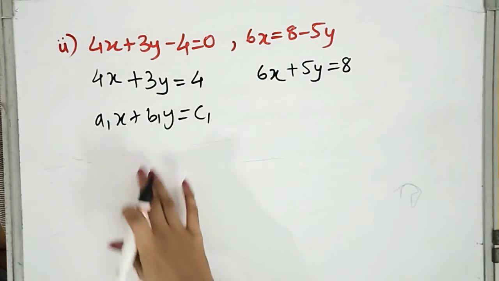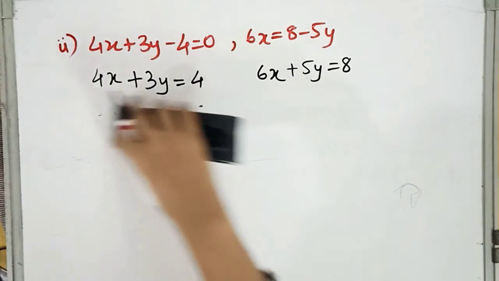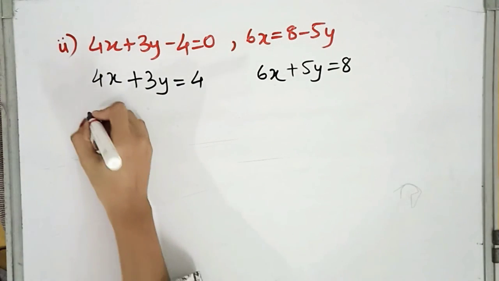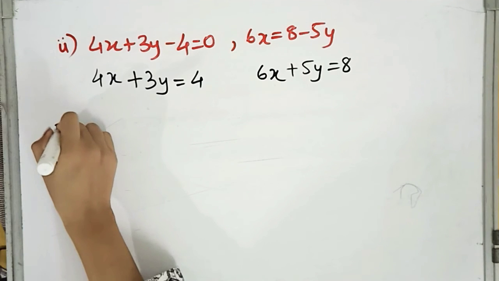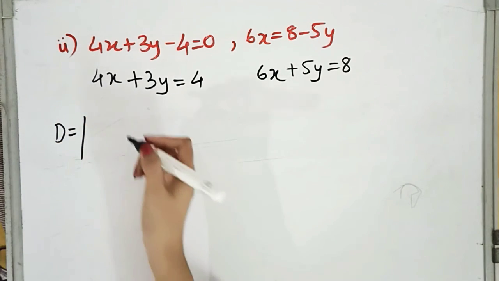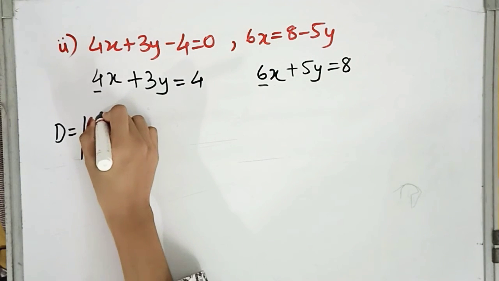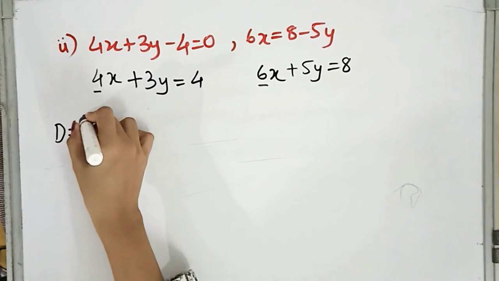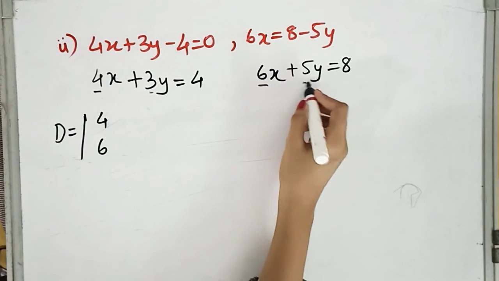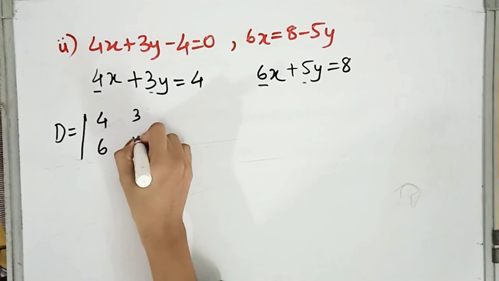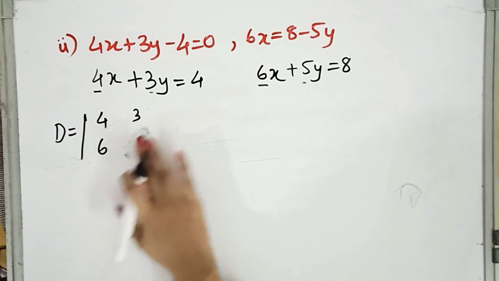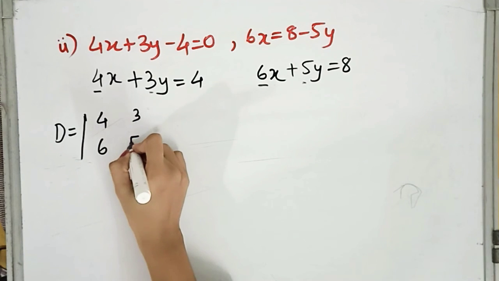Now we have the equations in the standard form. First we will find D, that is a1 and a2, which are 4 and 6, then b1 and b2, which are 3 and 5.